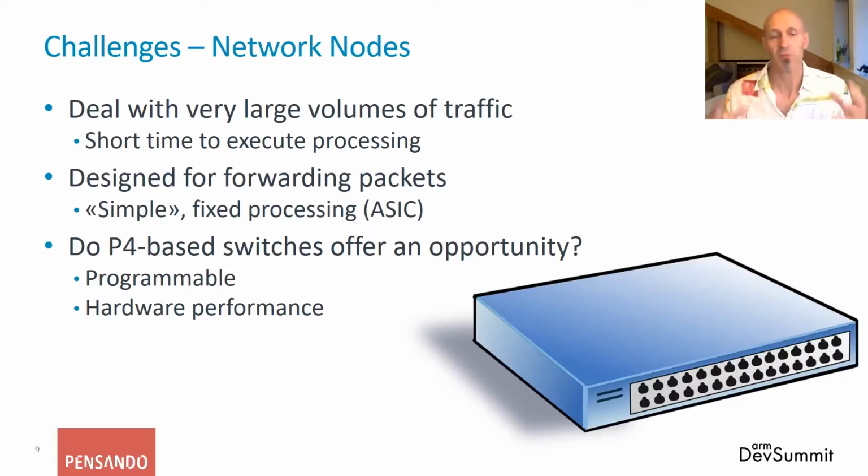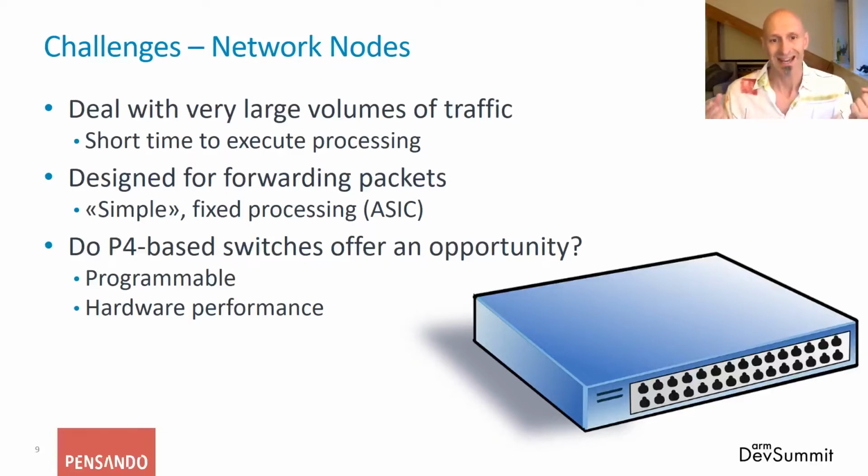Now, if we want to implement services in network nodes, we have to deal with the fact that network nodes handle very large volumes of traffic, which means that they have very short time to process packets. And this might not be suitable to implementing complex services.